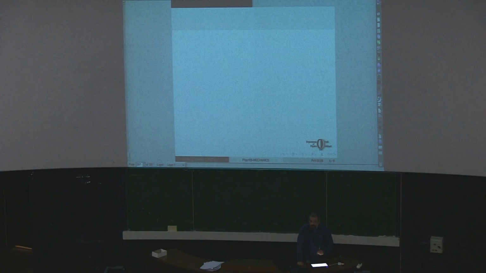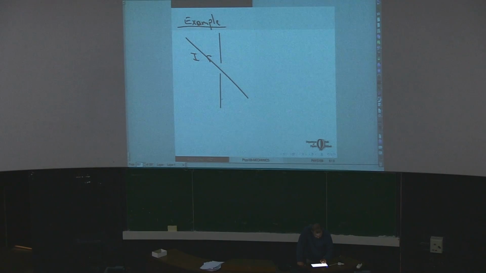Now, let's do a few more examples. So let's say that we have a current that is running in this direction, which is I. Let's imagine another current which is running in this direction, which is also I. Now let's imagine several loops.